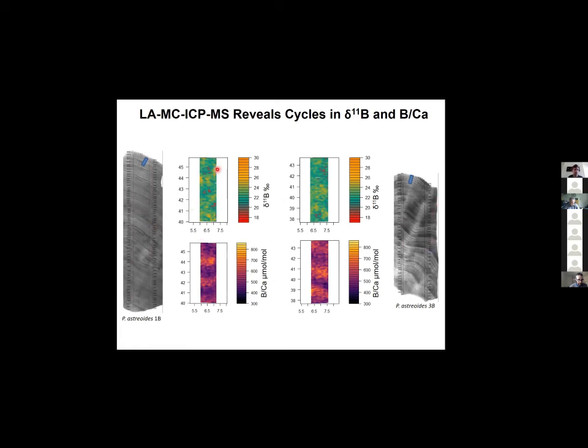3B and 1B, we've got boron isotopes on the top and boron calcium on the bottom. And it's apparent that there are seasonal cycles in both, with corresponding highs shown in yellows or oranges on here. So we can reconstruct the coral paleo-environment at high temporal resolutions using this approach quite nicely.